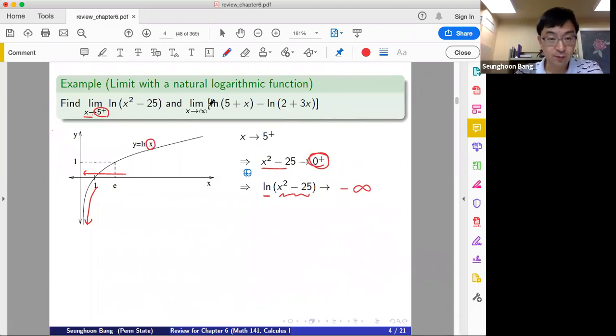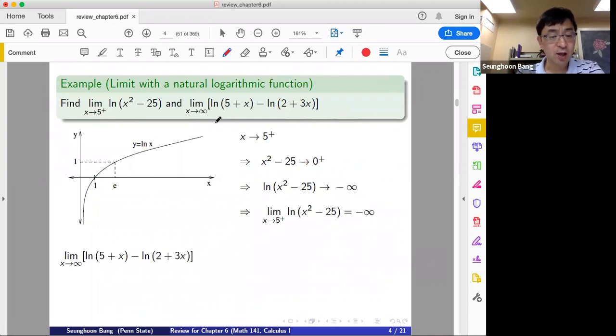So this one, the second problem. How can you solve the second problem? You can use the ln rule: ln of a minus ln of b is exactly ln of a over b. So we have it like this.